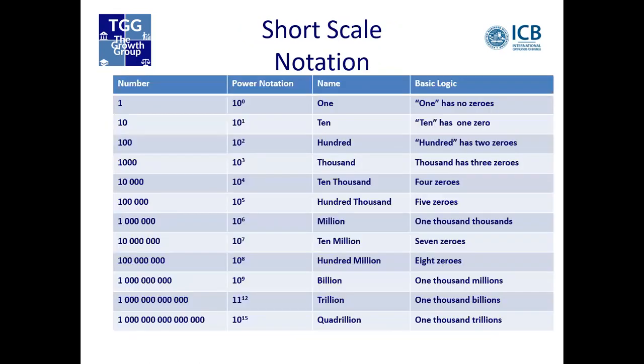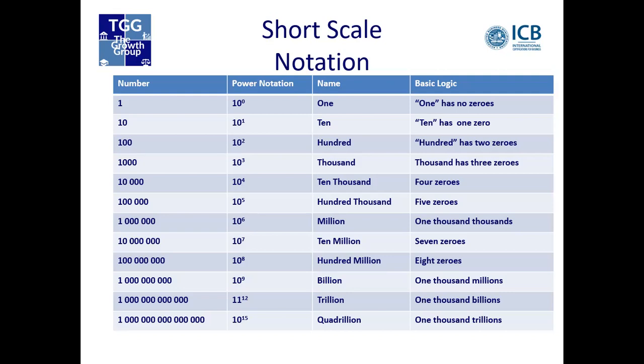But to explain short scale notation a little bit better to you, there it is. You have a number. You can write that number to its base 10, because remember the decimal system uses 10 as its base. Then that number has a name, and there is a basic logic to its power notation. So let's take 1. 1 is 10 to the power 0. That symbol has a name. Its name is 1. And the basic logic for its power notation is that a 1 has no zeros.